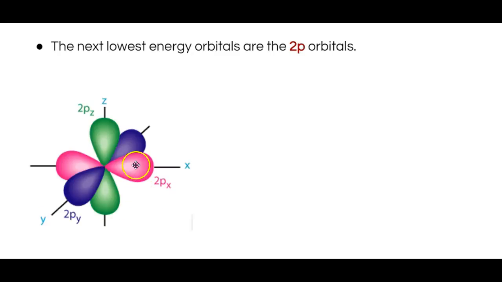So if the px orbital can hold 2 electrons, the py can hold 2, and the pz can hold 2, then in the p subshell in its entirety, there are 6 electrons that can be held in total. So 6 electrons in total in the p subshell because of the px, the py, the pz. We're going to need to keep that in mind as we move forward.